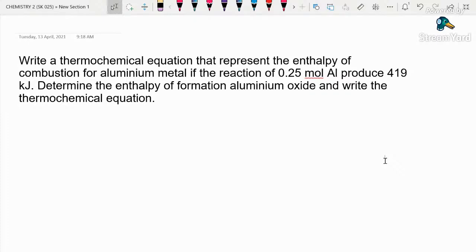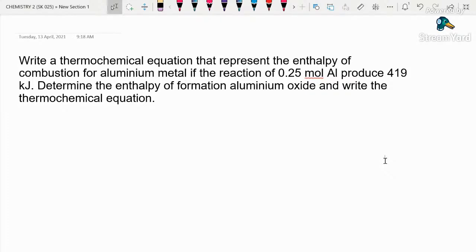So this is the enthalpy of combustion punya value. It's supposed to be negative. And then you need to determine the enthalpy of, is it this one, question number 2? Oh, I answer question number 3 dulu. Nanti saya potong balik, saya dah terbuka ni, biarlah. And then determine the enthalpy of formation of aluminium oxide and write its thermochemical equation.